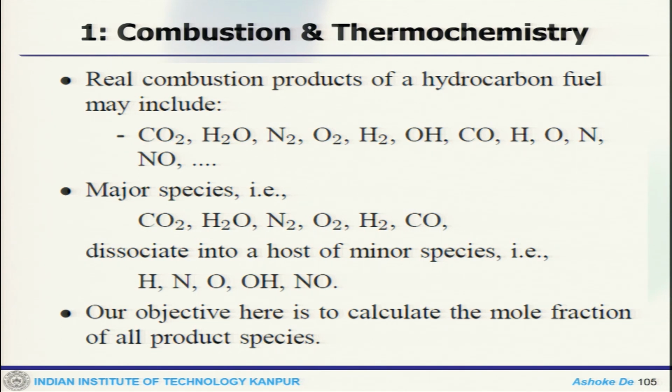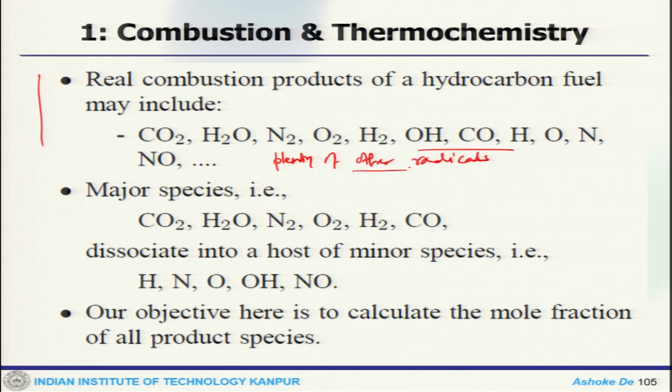Now, if you look at the list of real combustion products, there will be plenty, because any hydrocarbon reaction goes through a series of multiple reactions, and we will see that once we go to kinetics, how a particular reaction actually goes through multiple steps. So, typically you get the global products like CO2, H2O, N2, O2, H2, OH, CO, and there would be plenty of other radicals.